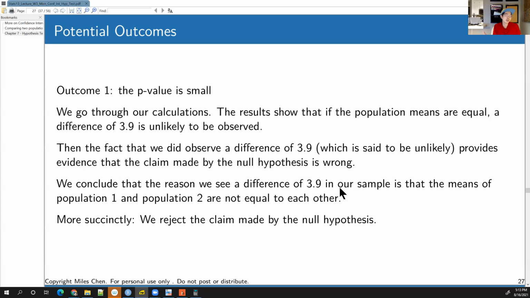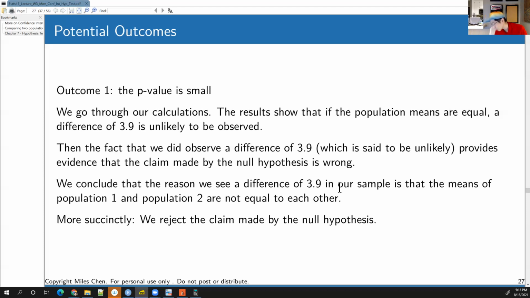Not impossible, but the probability of getting a difference of 3.9 is like 1 in 1,000. It could happen by random chance, but it's really, really rare. 1 in 1,000 times you'll get one random sample where the mean was really high, like 28.2, and 1 in 1,000 times you'll get another sample where the other mean is really low, like 24.3, producing this difference of 3.9.